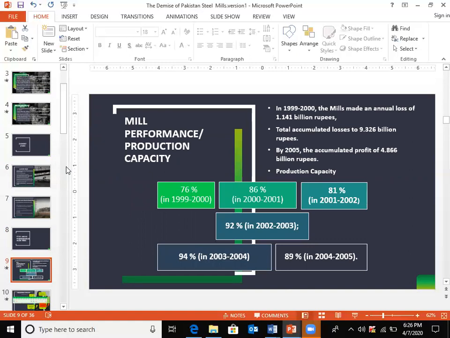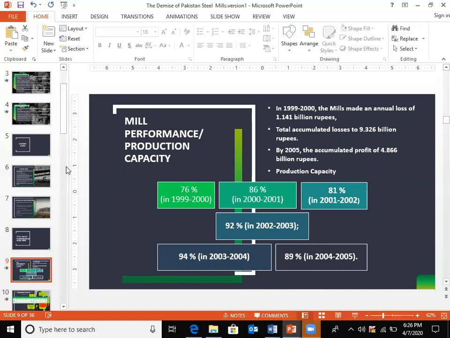So if we look at what happened in terms of production capacity, you'll see in this particular slide that the production capacity was up and down. 1999 to 2000 was at 76%, then 86, then 81, 92, 94, and 89. So a little bit up and down.